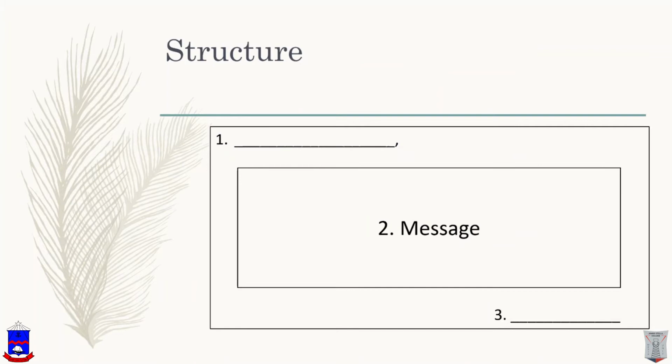Now let's take a look at the structure of a personal note. First, you have the salutation, and after the salutation, you have to give a comma. When you write the salutation, you don't need to write "dear" when you write a note.